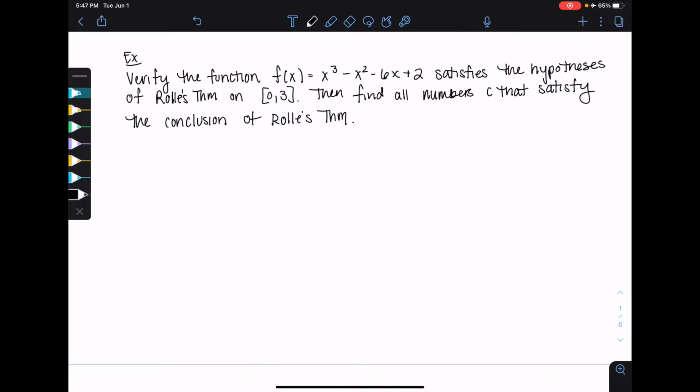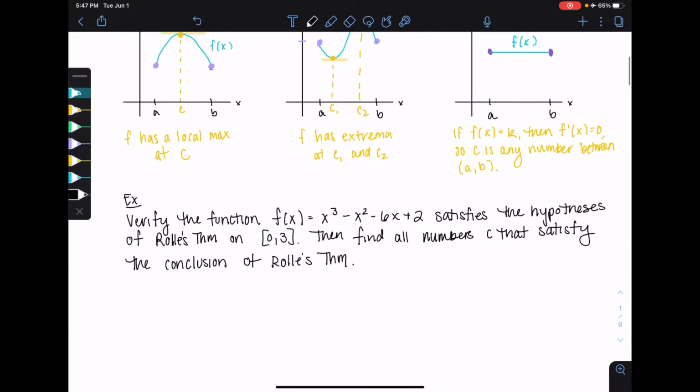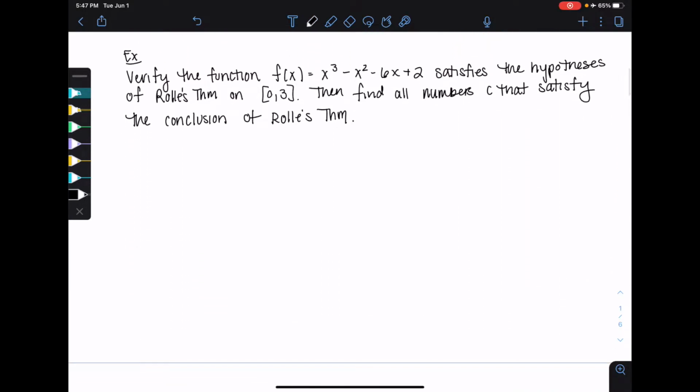So let's try an example. Let's verify this function satisfies the hypotheses of Rolle's theorem on the interval from 0 to 3. Then we want to find all numbers c that satisfy the conclusion of Rolle's theorem. So first things first, I need to go back up here. My first two hypotheses deal with continuity and differentiability. Because this is a polynomial, it's continuous and differentiable everywhere. So I need to state these to be able to apply Rolle's theorem.